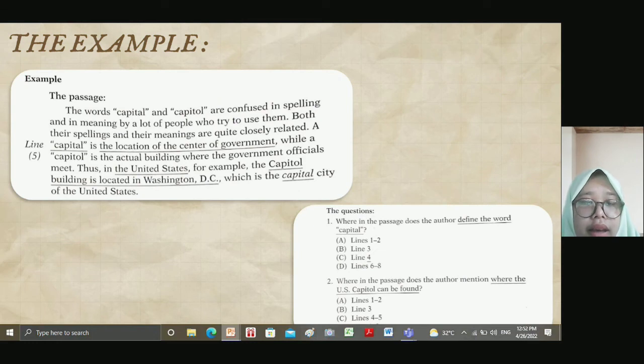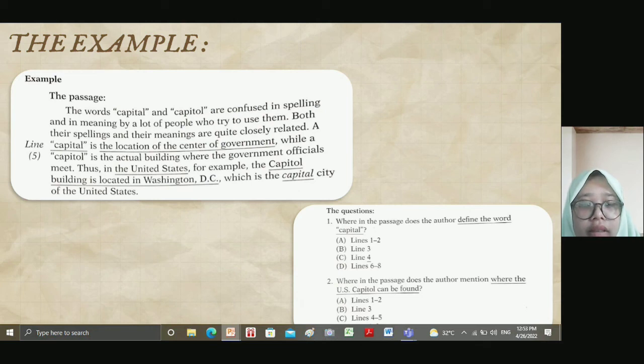The answer to question number one is C, because line 4 explains about the capital. Then the answer to question number 2 is D, because line 6 to line 8 explain about the US capital.